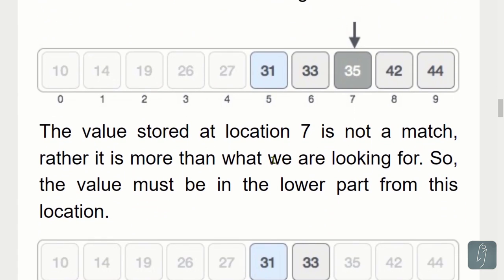Then we're going to apply the same thing. 7 is the half of it, and we're going to find that the number entered by the user, or the value whose index we're looking for, is smaller than this half of the array. So we're going to treat the numbers on the right, including the middle number, as if they do not exist.